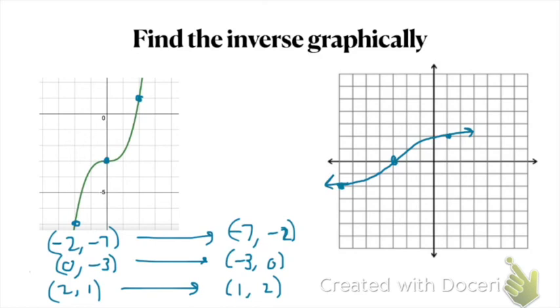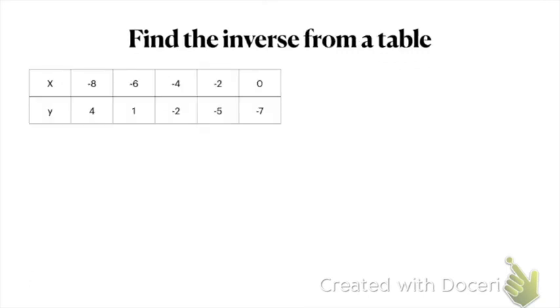Again, if you're using a graph, give me the points you're using, show me your inverted points, and we are good to go. From the table, same idea. When you do your table, try to go from the lowest to the highest for your x values. So this is f of x, this is f inverse of x. Invert or change your x and y's, interchange them.